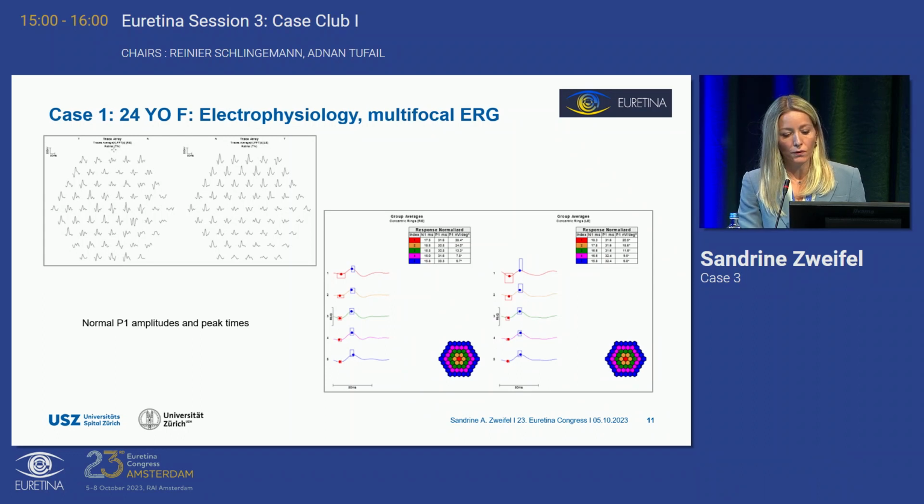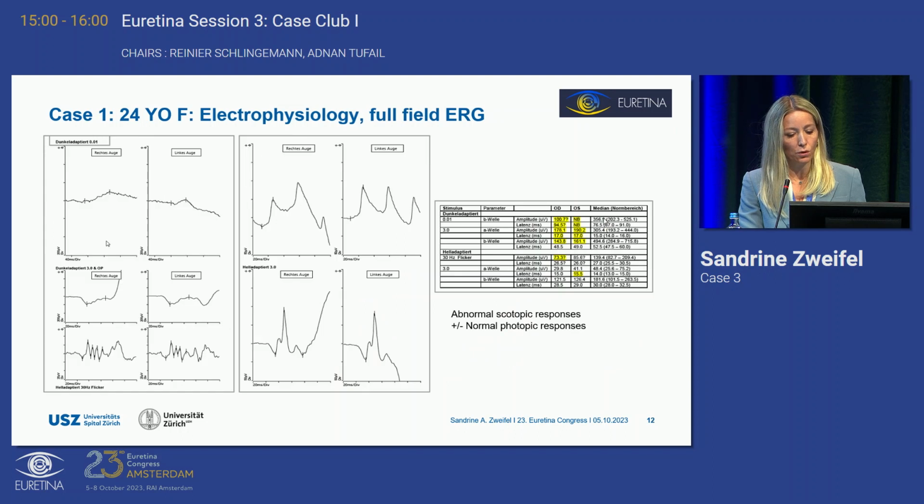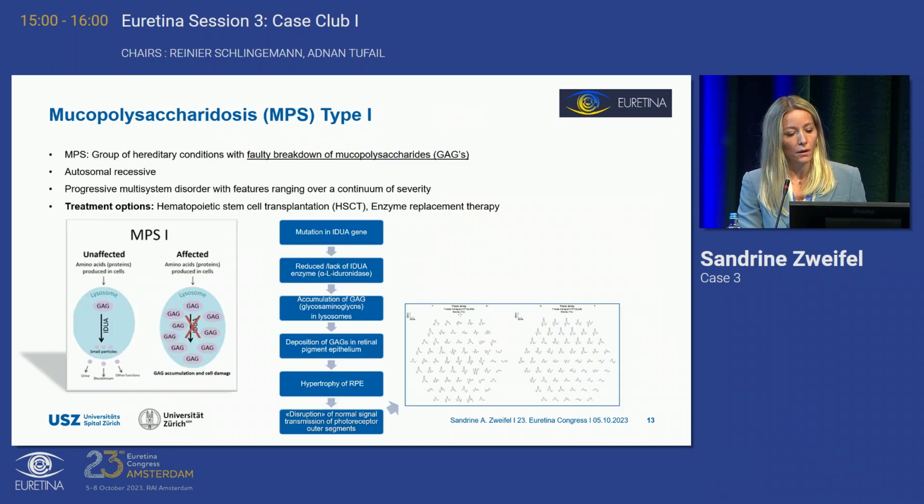Multifocal ERG was normal, but when you look at the Ganzfeld ERG, you have abnormal scotopic response, so you have a rod, probably more pronounced rod-cone dystrophy. So we already heard the diagnosis. Adnan was already asking for which type of MPS this patient has, because there is a huge spectrum regarding the clinical phenotype of these mucopolysaccharidosis patients.